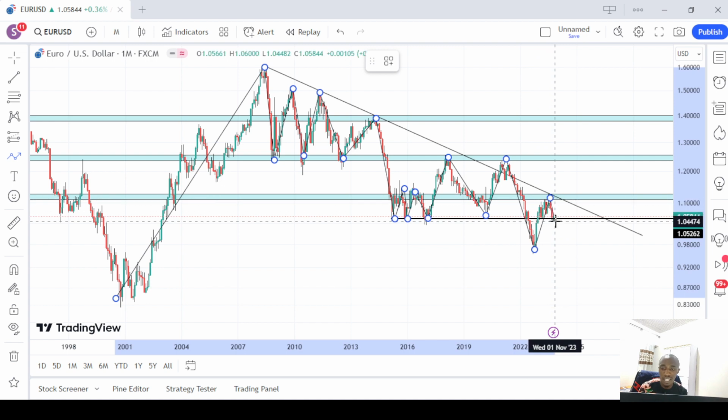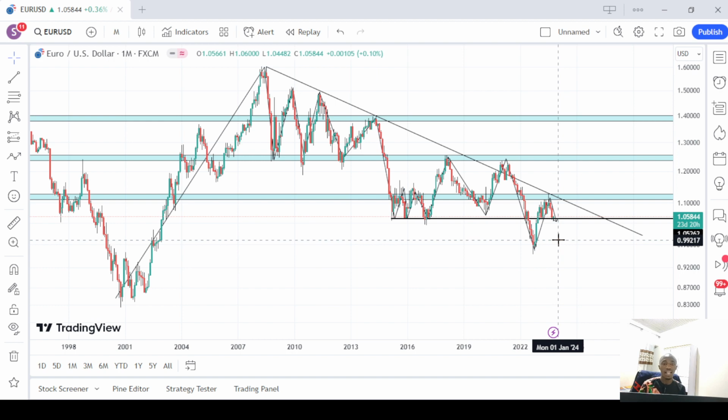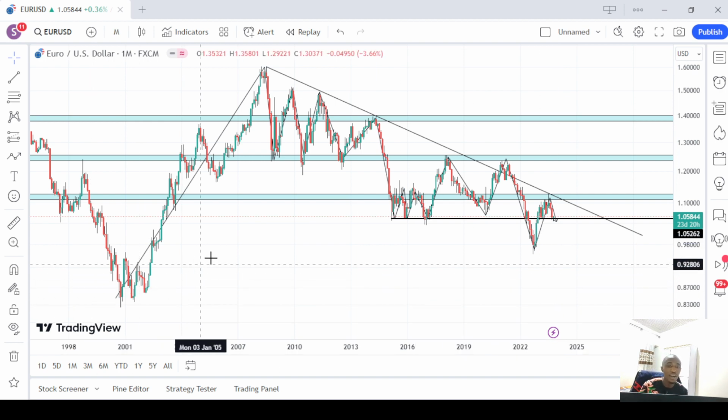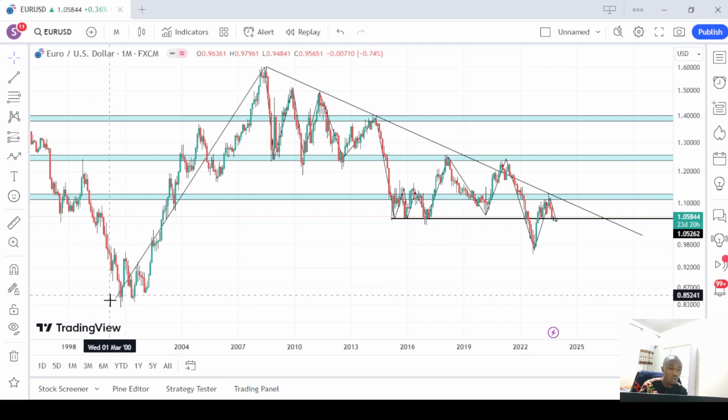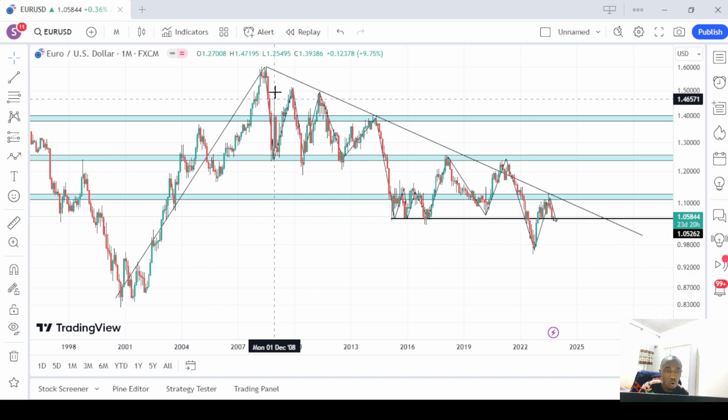Price now is at this level. You can see price has been giving us highs, lows, highs, lows. From here, price consolidated for quite some months, then went up.